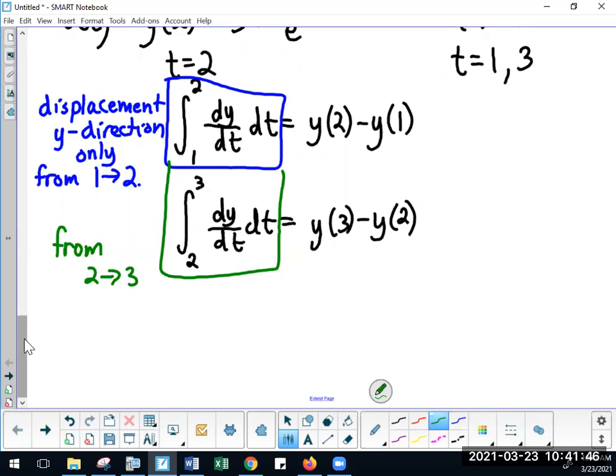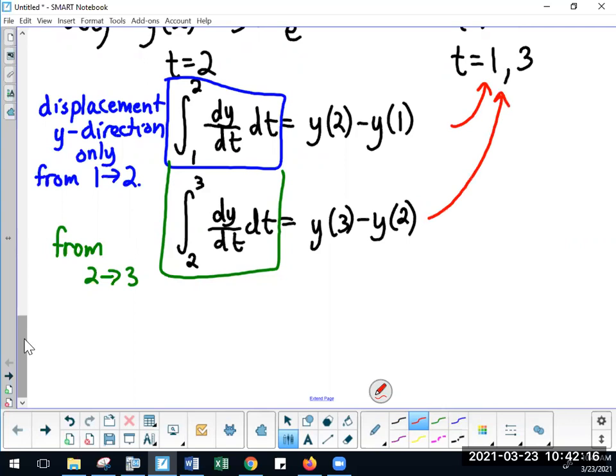So you may be wondering, why did I select 1 to 2 and 2 to 3? Why didn't I say choose something else? Well, the reason is that what I'm interested in is right here.